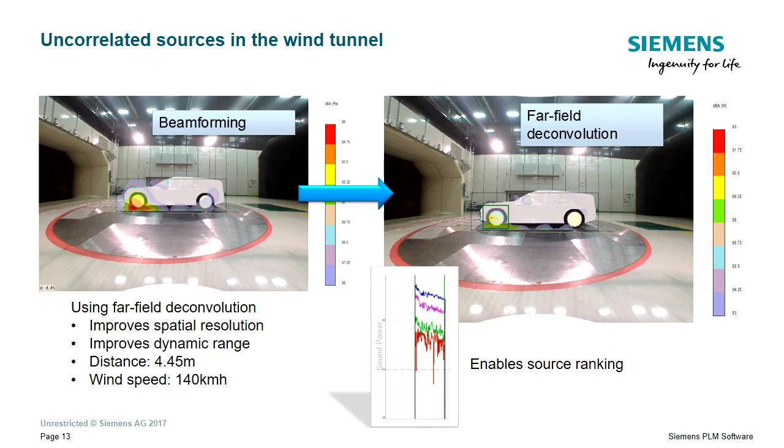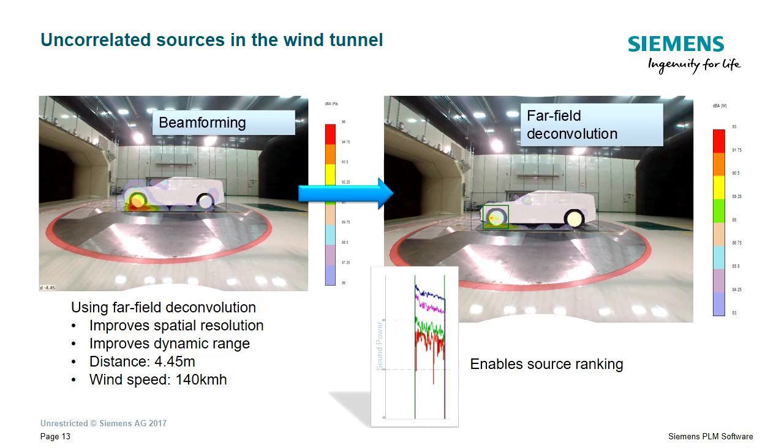On the right, we can see the improvement we can get with Farfield deconvolution. So you see the source at the wheel is much more precise in this case. On the left, we see more like a blurry picture around the windshield and the side mirror. But on the right, we can actually see that the side mirror is much more pronounced, much more identified.